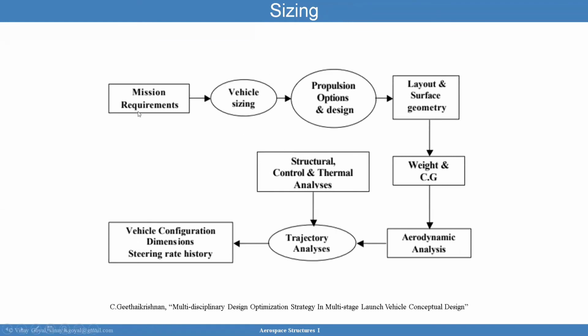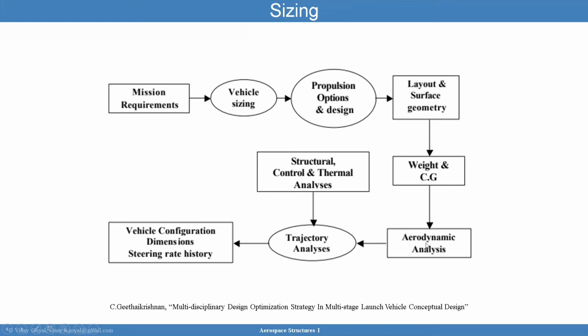So the sizing process: you start with the mission requirements, whether you want to go to Mars, Venus, the Sun, or interplanetary to other places. These are the inputs to determining what vehicle sizing I need, what propulsion options and designs I have, what layout and surface geometry I need, and the weights that I need for the various components.